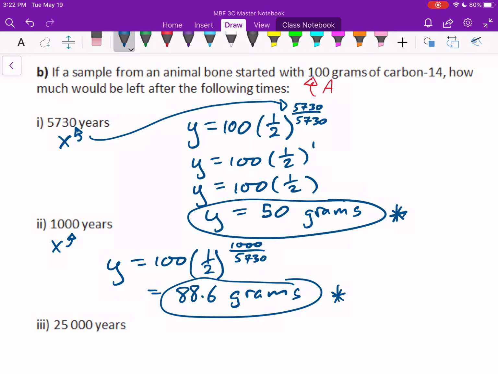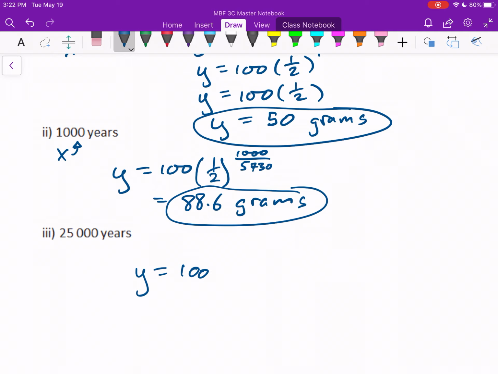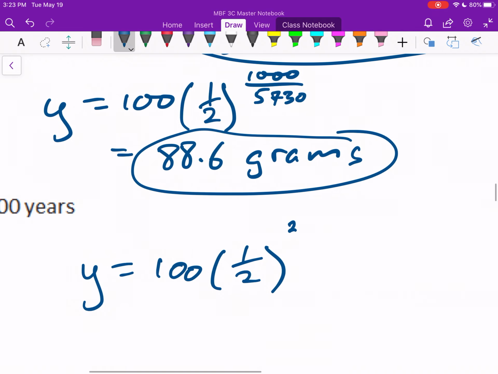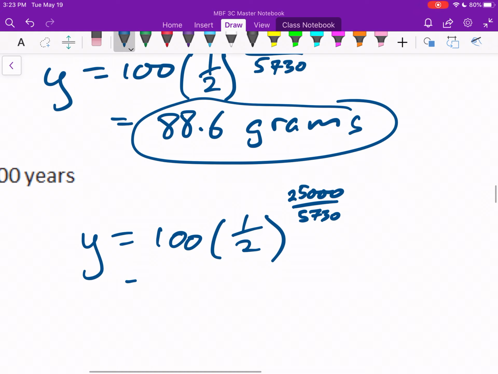We're going to expect a lot less than 50 grams for this one because the more time we have, the less we're going to have left of this material. So we put 25,000 on the top, 5730 on the bottom, and working it out in the calculator, it comes out to 4.9 grams.